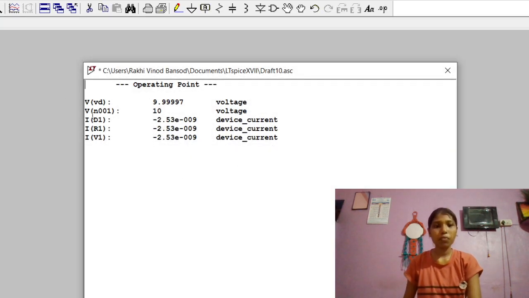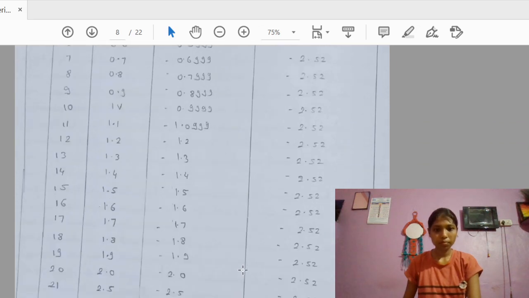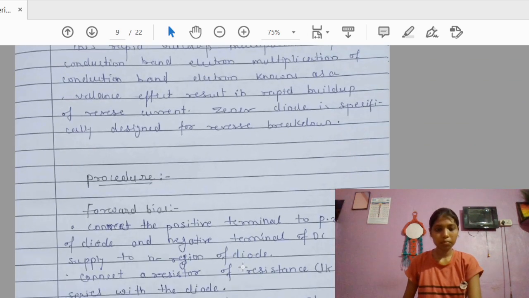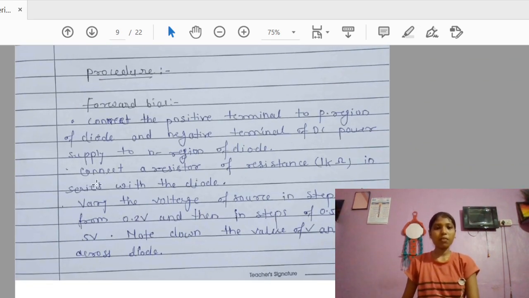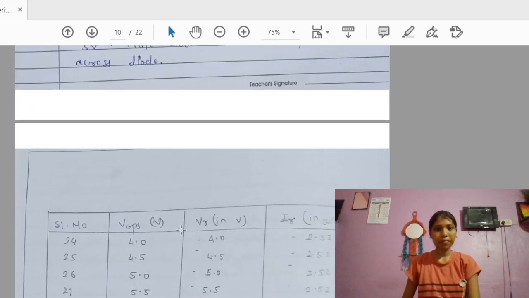These are the values for voltage in the diode and current in the diode. This is the procedure for forward bias and reverse bias.